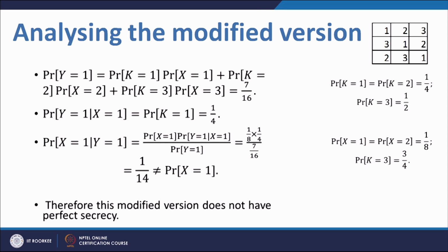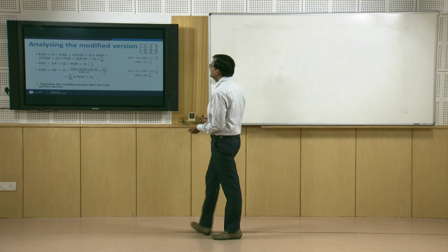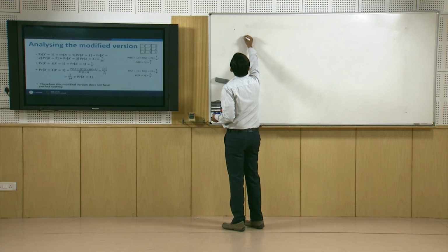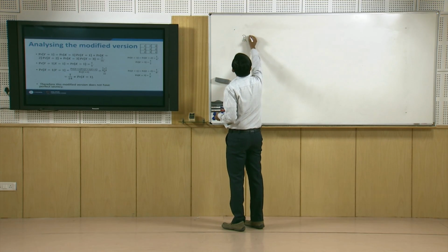Now we again start from the same point. We would like to know the distribution of the ciphertext. So probability of y equal to 1, it is a sum. Now let us see why it should be whatever I have written.